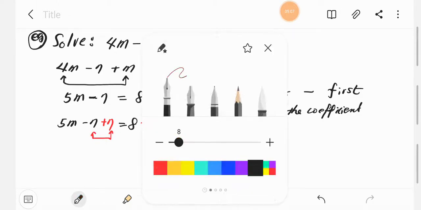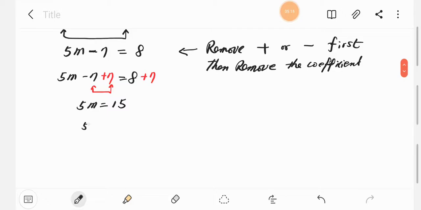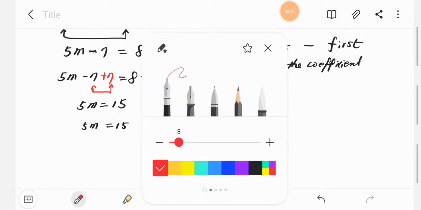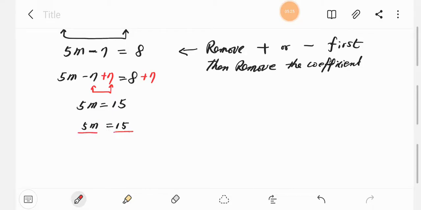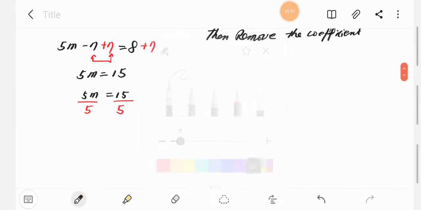Then we got 5m is equal to 15. And then what do we do next? Now 5m is a product. So we can divide each side by what? The coefficient 5. So m is equal to 3.